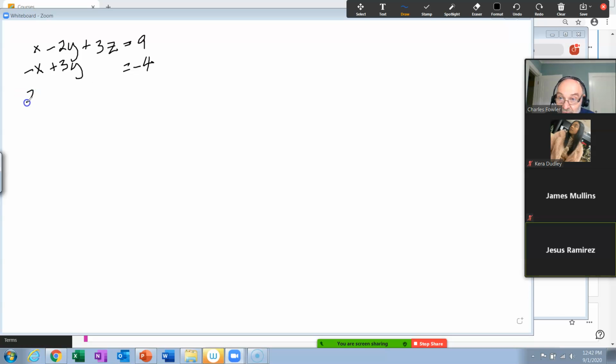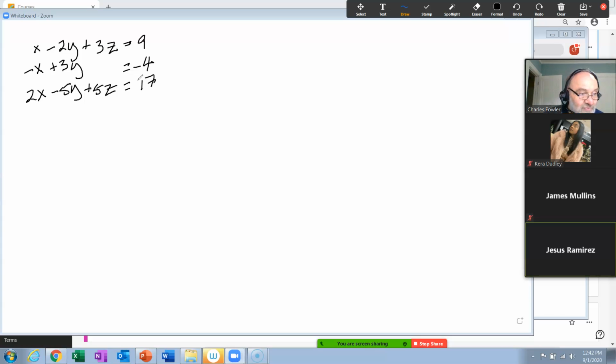Third equation, 2x, that's not going to be too bad, minus 5y plus 5z is equal to 17. Somehow something makes me think we've seen something like this before.